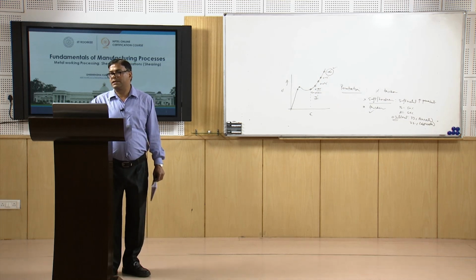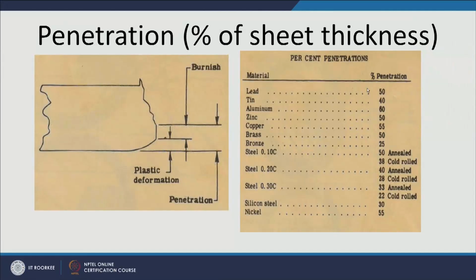This list simply shows the penetration required for different metals: lead 50%, tin 40%, aluminum 60%, zinc 50%, and for other high strength metals like silicon steel 30%, nickel 55%. Among the steels, low carbon steels require higher penetration compared to high carbon steel.